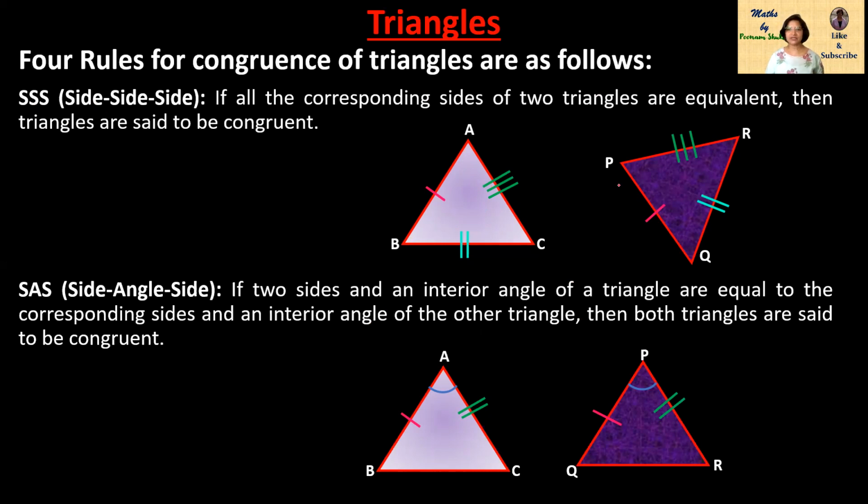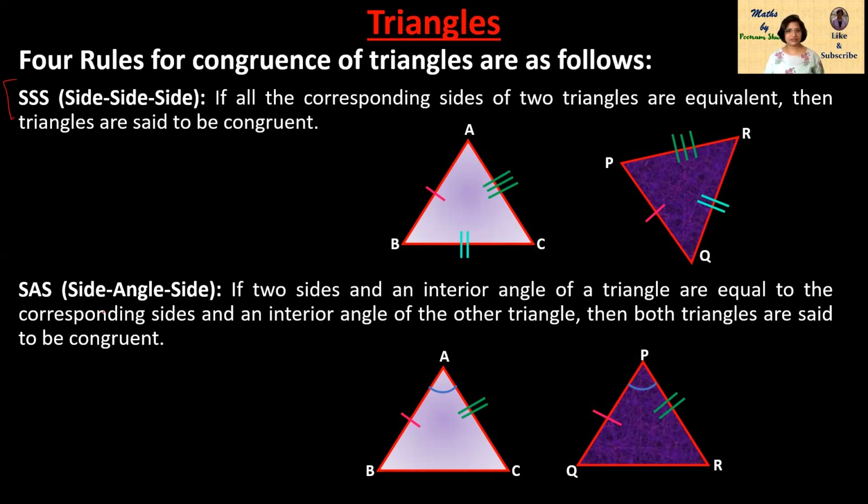So here AB is equal to PQ and AC equals PR and BC equals QR. So that means these two triangles are congruent. So if you see in any problem that three sides are equal and you have to prove that these two triangles are congruent, you can prove it by using rule SSS.